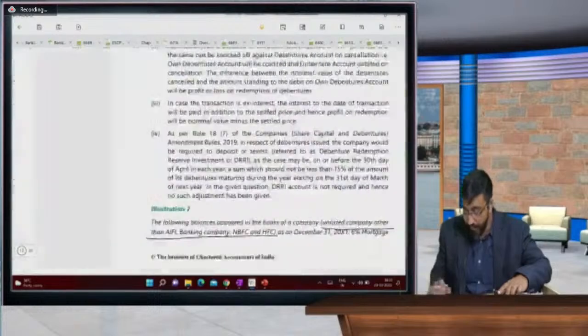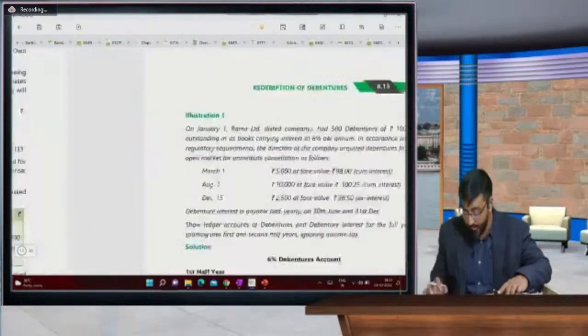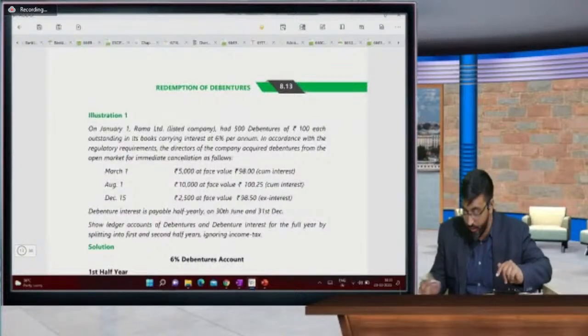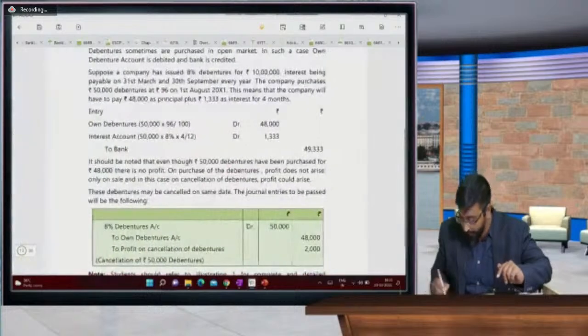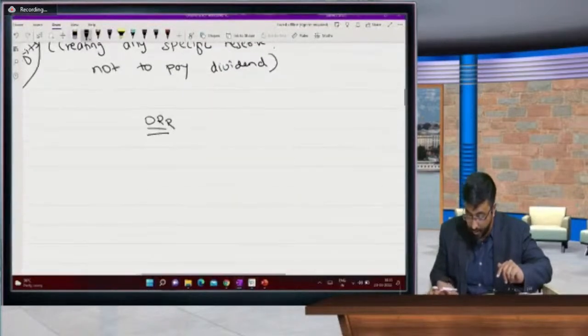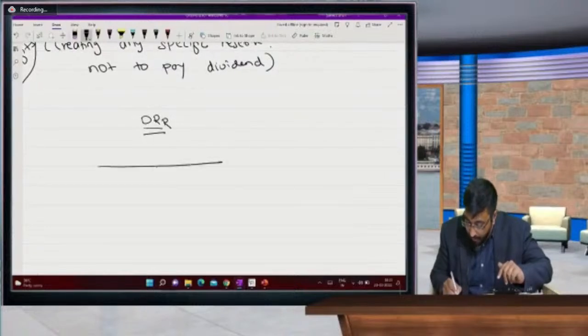See, beta. So this is a shortcut. So we are going to solve today. I'm going to start with the first problem. So DRR I already explained you. Now how your DRR account will look. So write down now. This will be in balance sheet.